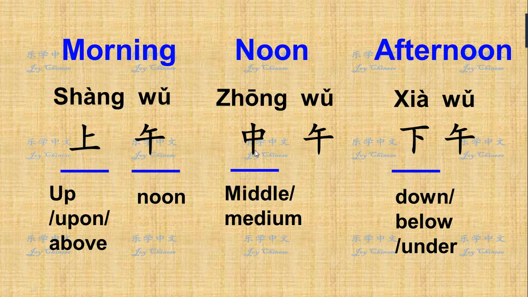And the middle of the day is 12 o'clock, 中午. 下午 means after lunchtime, after 12 o'clock. Let me repeat. 上午, 中午, 下午.